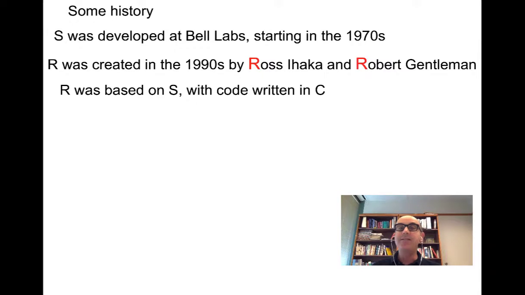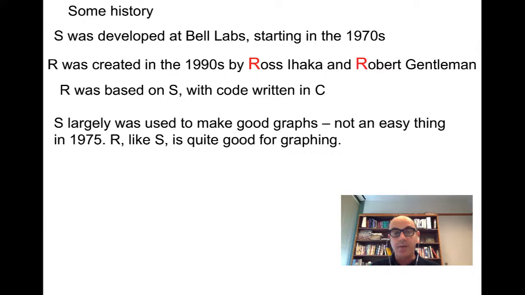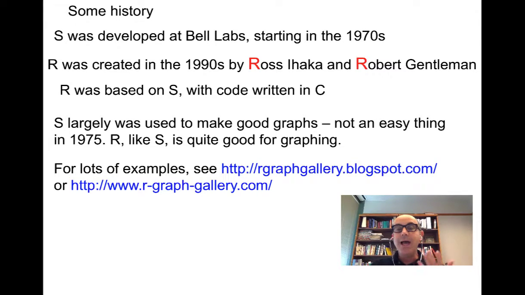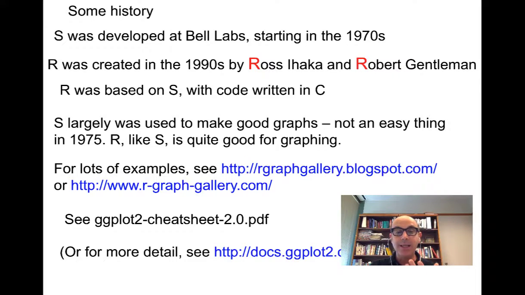Because R is the first letter of their first names, Ross and Robert, and as a result, they converted it to the R. So this is part of the gallery. I'll share it also in the Canvas pages about the R and what it entails.